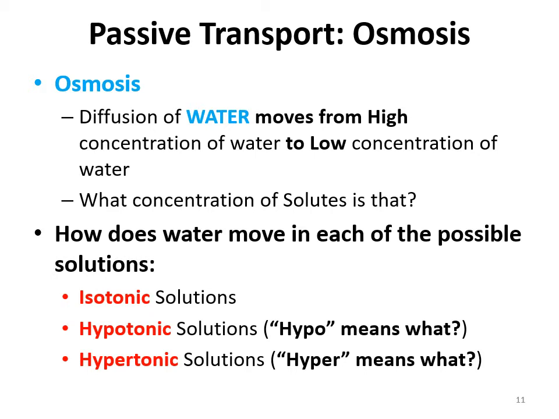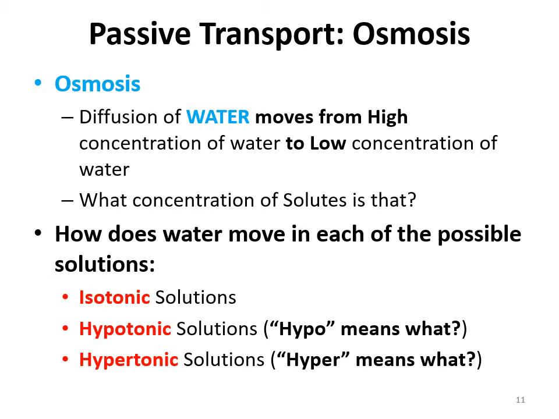The opposite of that is a hypertonic solution. Hyper means a lot. So hypertonic means high salt solution outside the cell, okay? High solute, high salt. If there is a lot of salt around the cell, what does that tell you about the water?